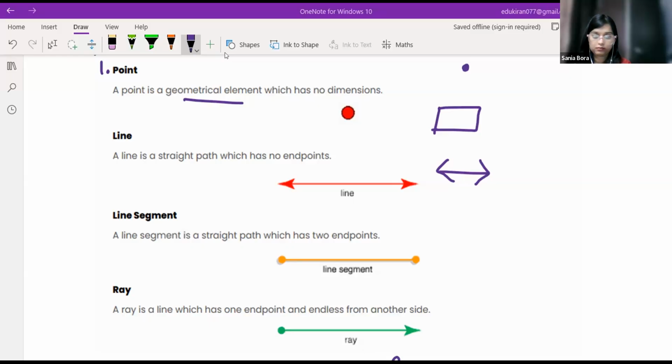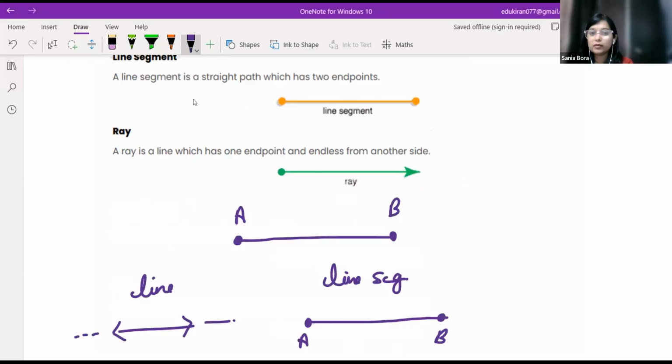Ma'am, I finished writing. Okay, let's just start. Ibrahim is not here actually. Ibrahim will join in between. I'll explain it again. You have written till ray, everyone? Yeah.